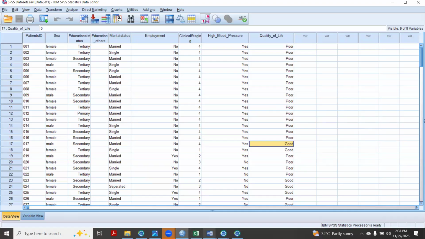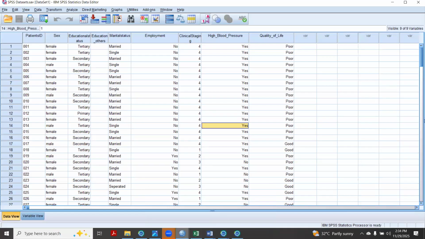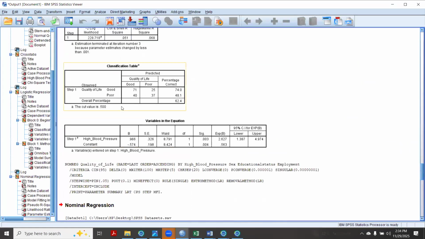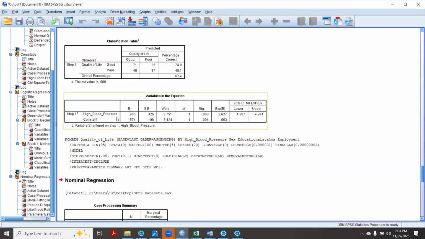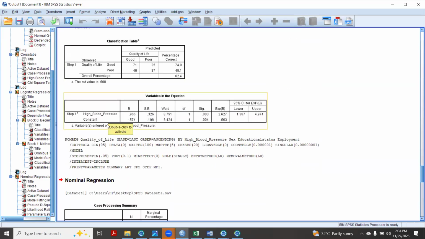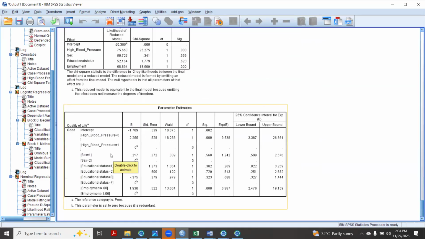But just to answer your question, Muhammad, in our own case, for this particular one, the reference value would be good quality of life, and the reference value would be no blood pressure, because our interest is those that have high blood pressure.